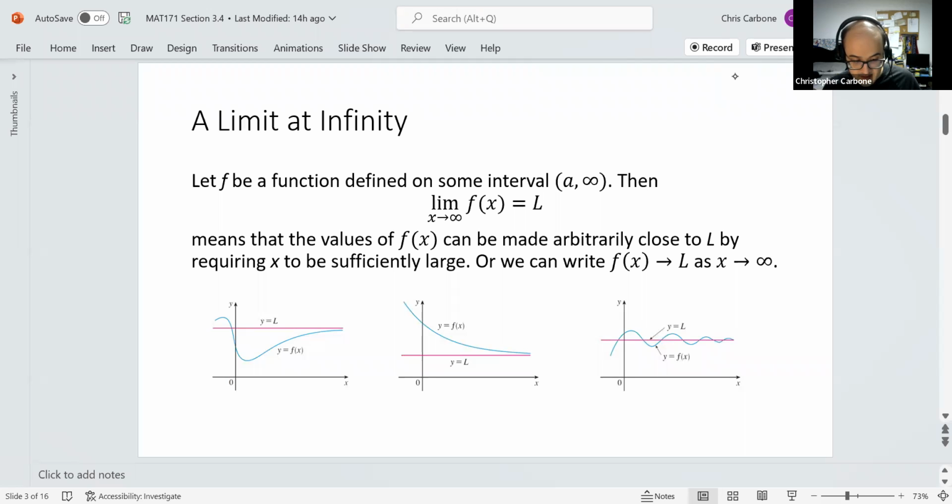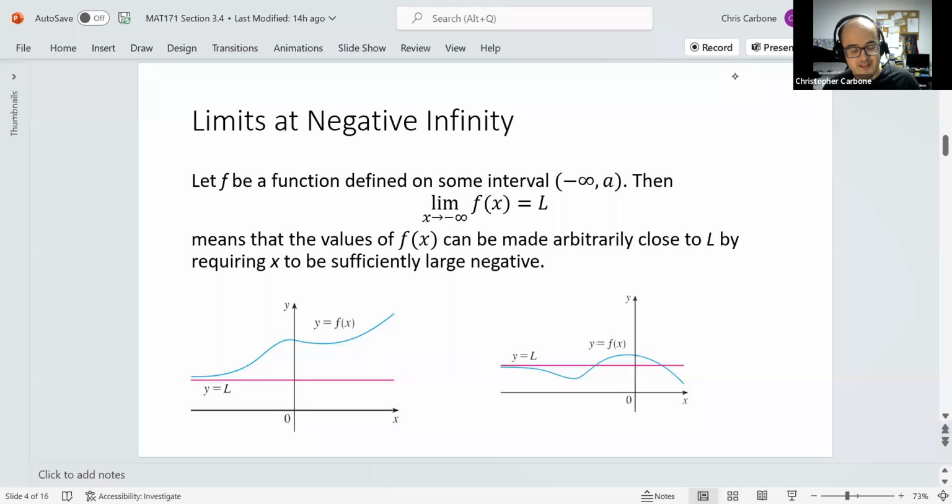This second one has the function approaching L as we let x be large by decreasing towards it. And this one has the function approaching L at various points, getting closer and closer as x increases and becomes large, approximating it much better.